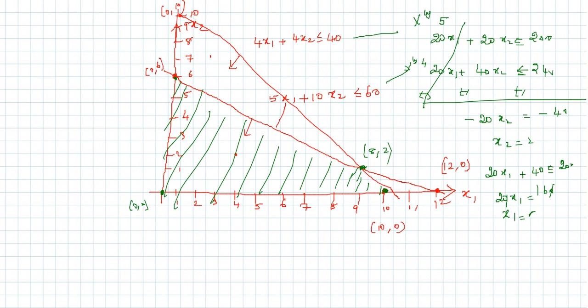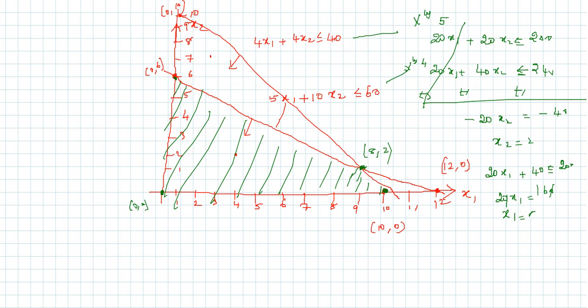So this will be the graph. For the first constraint, we'll be getting this graph from this line, and for the second constraint we'll be getting this graph. You have to calculate whether the area is below or above the line. To do that, you take any point here or here. If you take any point here, it satisfies the condition, so the region will be down.